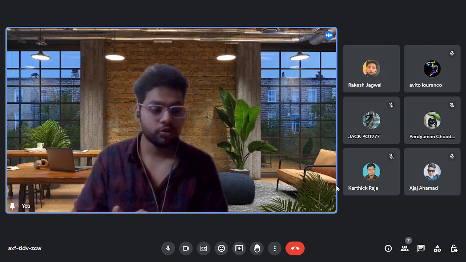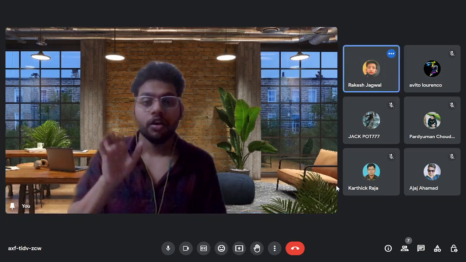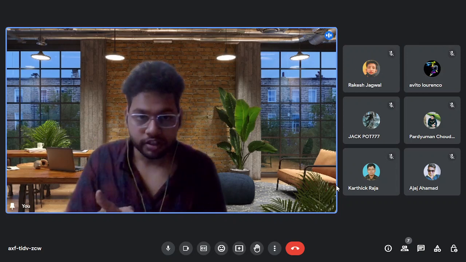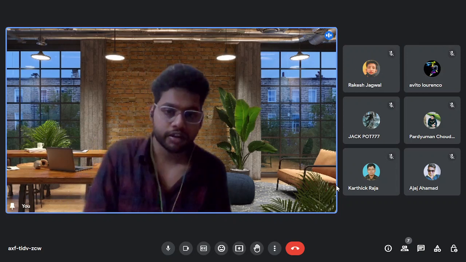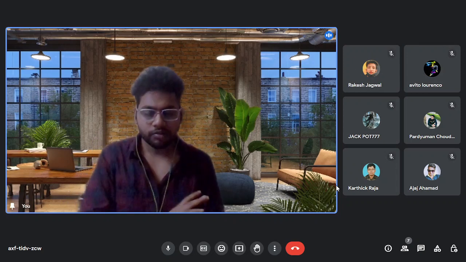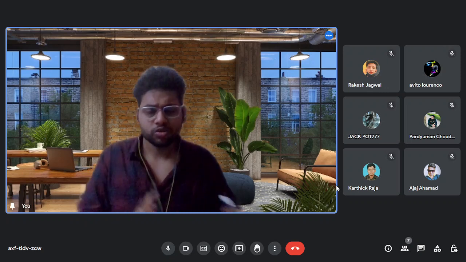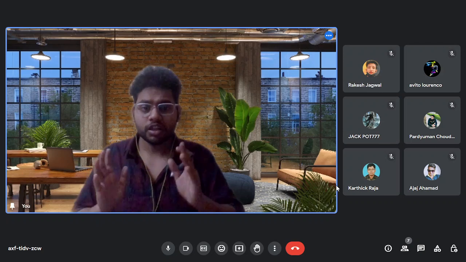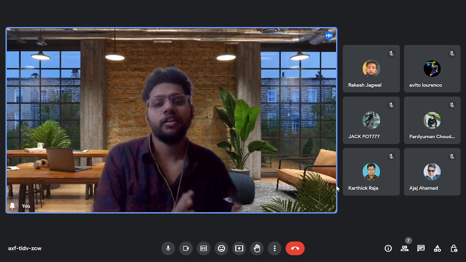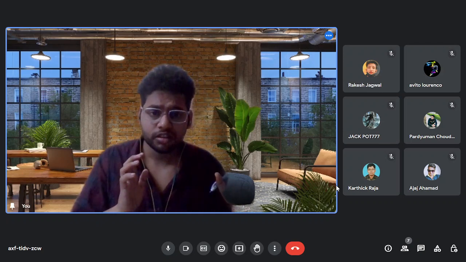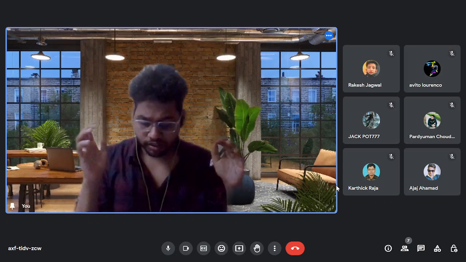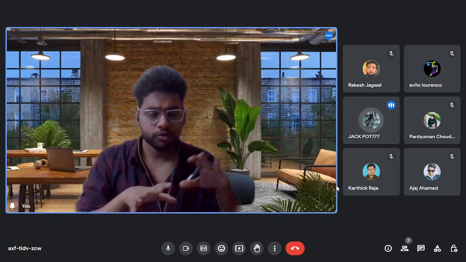Okay, now coming to this DC point: half wave rectifier, full wave rectifier. I have not written it in very much detail. There was a graph and all. So half wave rectifier means converting half cycle of alternating current into DC, direct current.